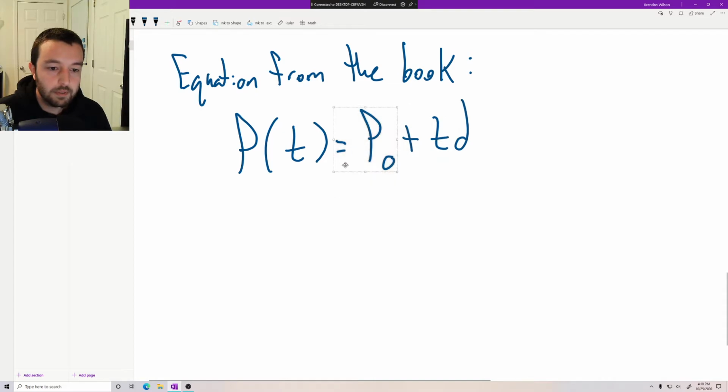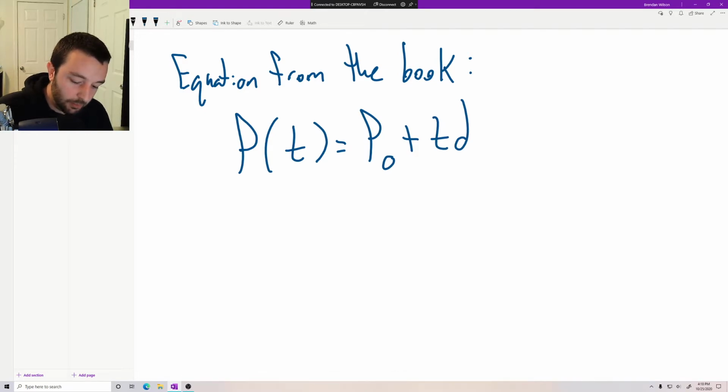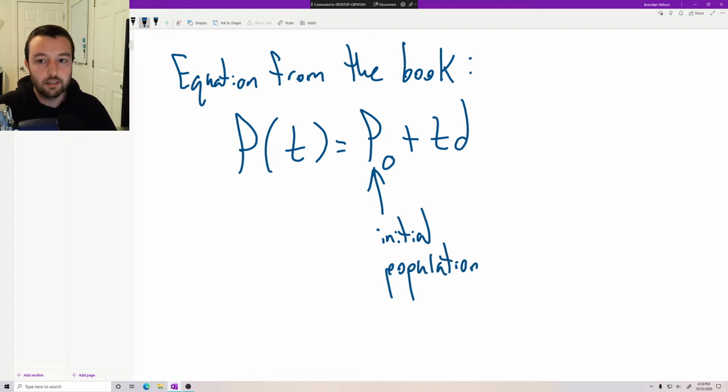Okay, so p sub 0 in this case is the initial population. We're putting everything in terms of population right now. I'm trying to talk about it a little more generally, but the book is zooming in and talking about this always in terms of population, but you can really apply it to anything.